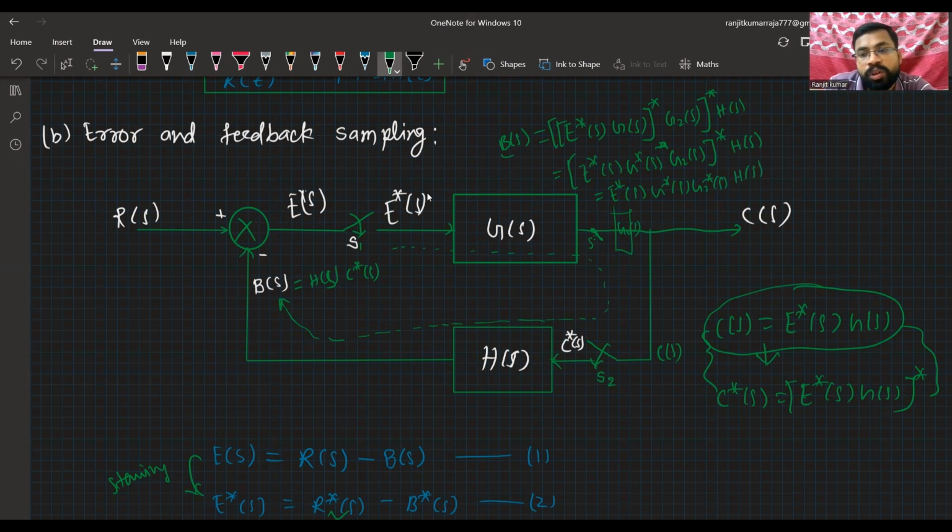Now this is the B of S. Like this way, you can calculate the pulse transfer function.